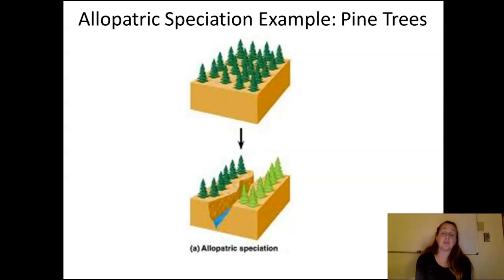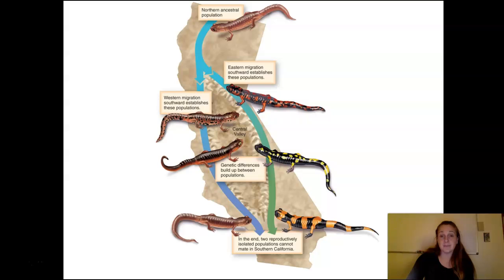So our example here is we started with a population of pine trees. Because that river was cutting a canyon and separating those two populations, and thus those two populations started experiencing different things, we see the dramatic difference. In this case, one population of pine trees becomes a new species with a lighter coloration of needles.